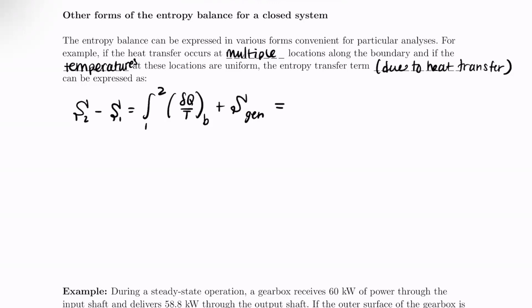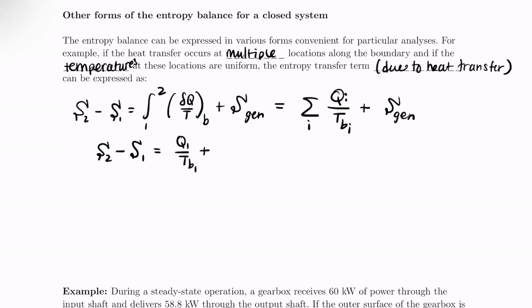So we can say that this is just the sum of the heat transfer at boundary location I divided by the temperature at boundary location I plus S gen. Okay, so this means that we have S2 minus S1 is equal to Q1 over TB1 plus Q2 over TB2, and so on and so forth, all the way up to Qn over TBn plus S gen.